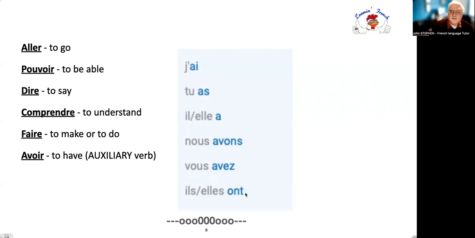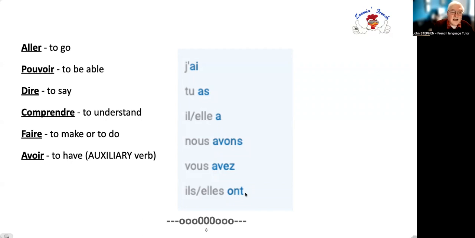But for the moment, just forget it. And the verb avoir just means to have. So, j'ai, tu as, il, elle a, nous avons, vous avez, ils ont.